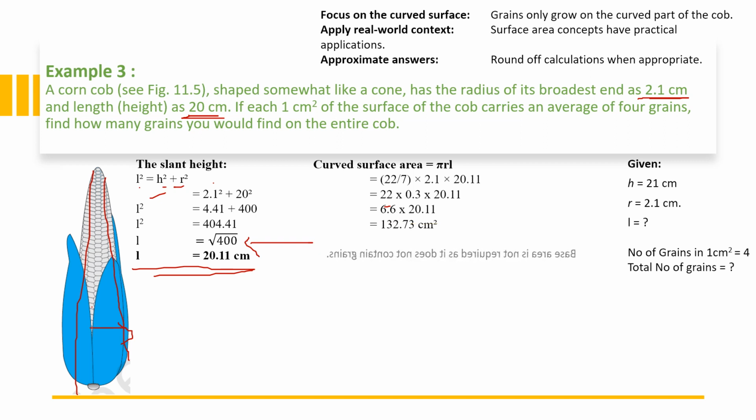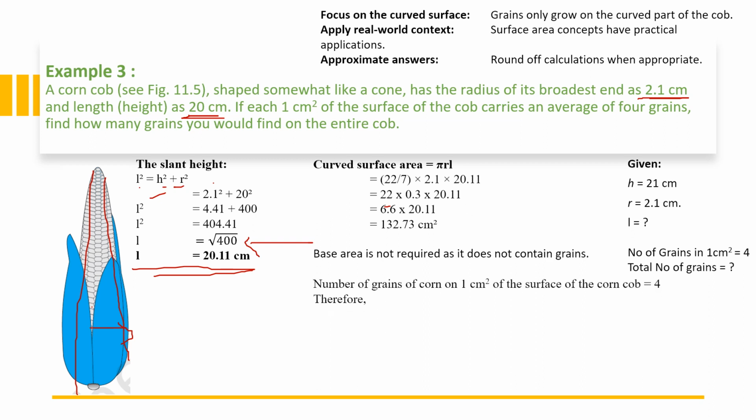Now let's not bother about the base, because it's a real world problem and we expect nothing grows here, or it is very minimal. So now let's get into the next part of the problem, which is to calculate how many grains you would find in the entire cob.